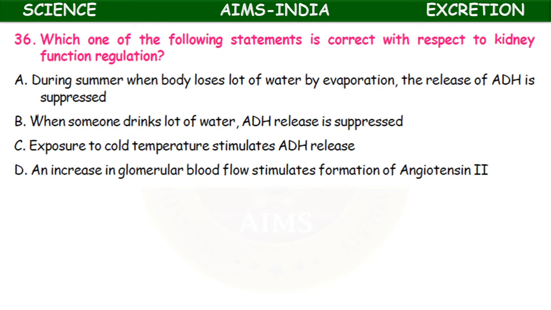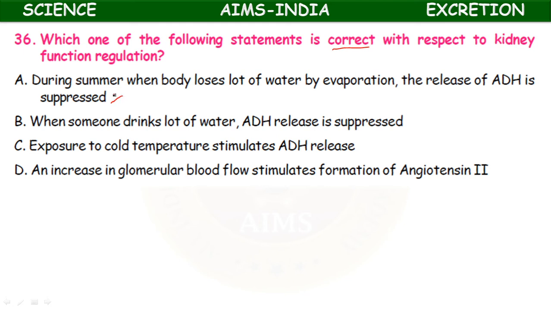Which of the statements is correct? The first one. So we have to select the correct statement. So once again let us slowly study. During summer, when the body loses a lot of water by evaporation, release of ADH is suppressed.